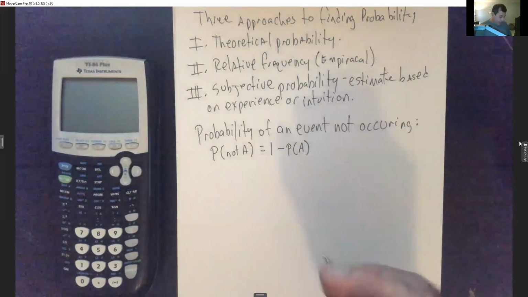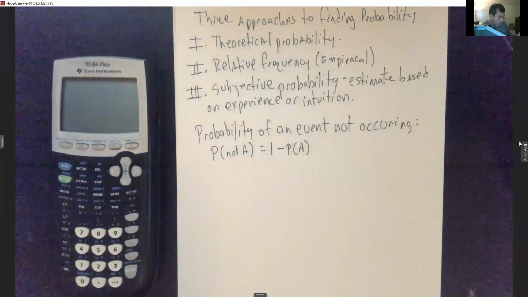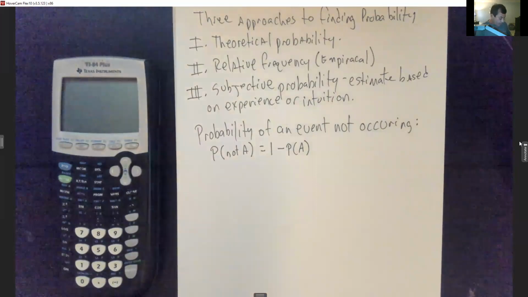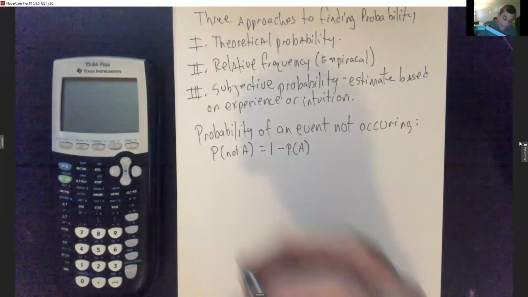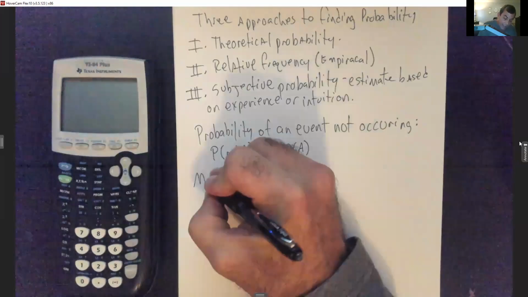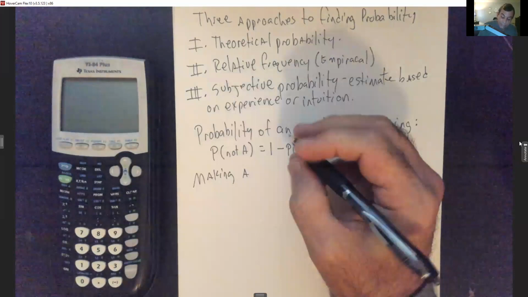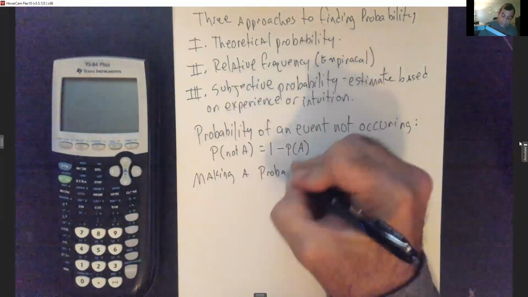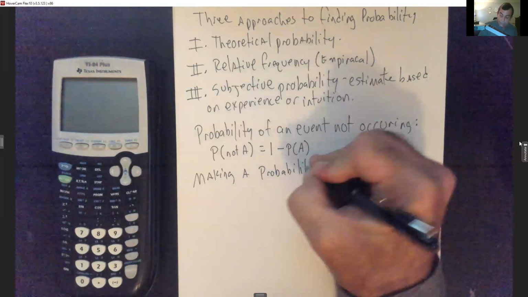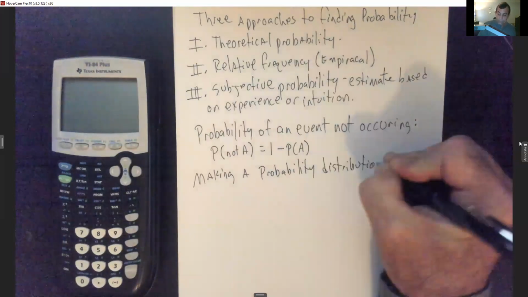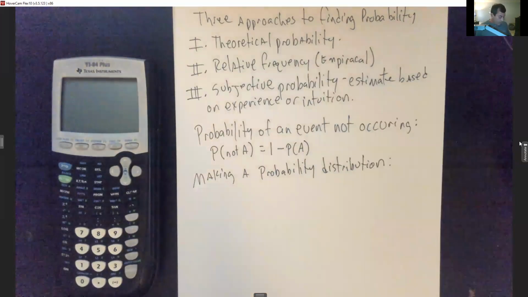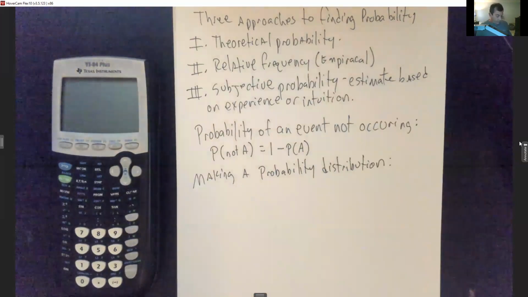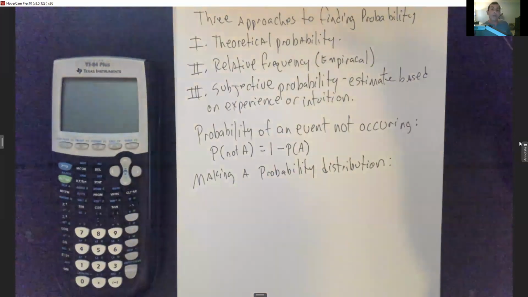Okay, so let's see. Not much more, and then I'm going to go through some of the homework problems to show y'all what we got. So what we're going to look at next is making a probability distribution. And this is just a distribution that'll represent the probabilities of all possible events.